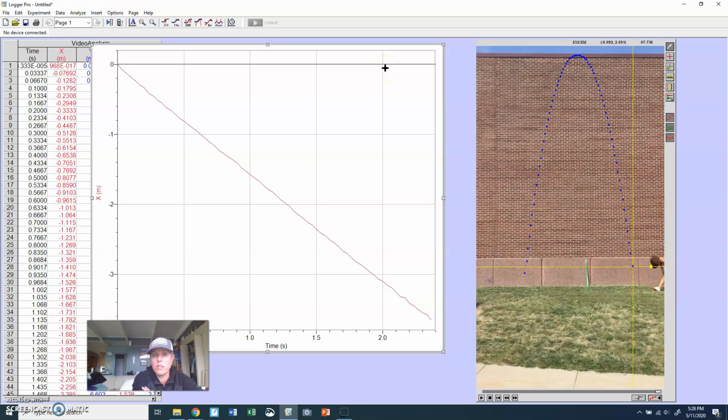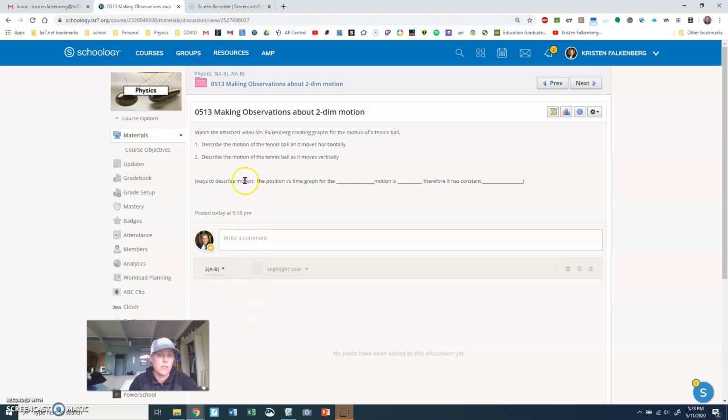What kind of motion do you have? If I go back to the discussion board, ways to describe the motion: the position versus time graph for this would be horizontal motion is what? Therefore it has constant what? I want you to fill that in.